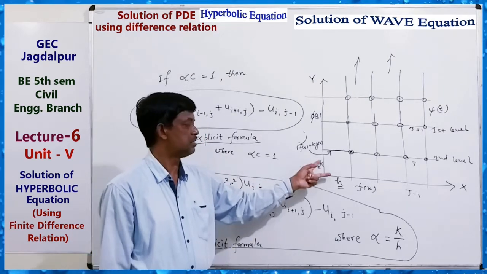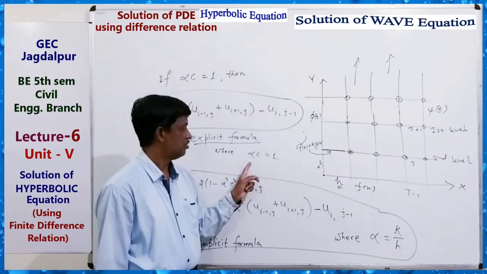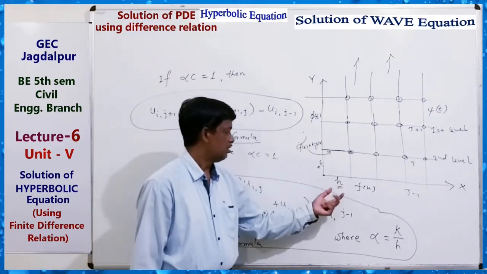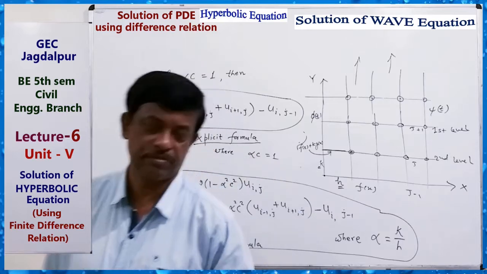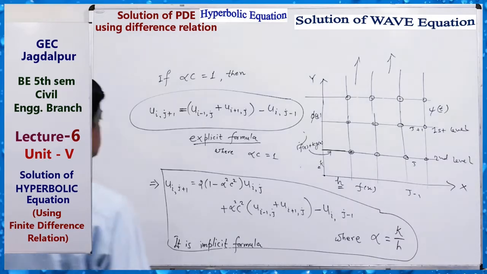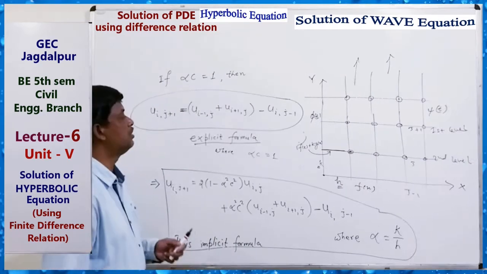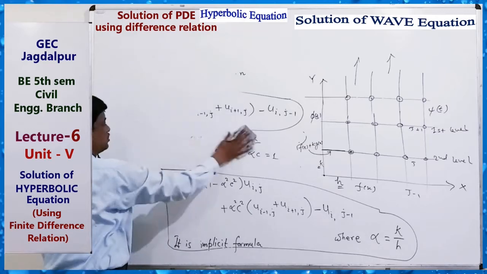If one of the values, either k or h, is given, then we can get the value of the other. Generally h is given, then we can find the time step. So these two formulas are used for solving hyperbolic equations, that is, the wave equation. So remember these two formulas.